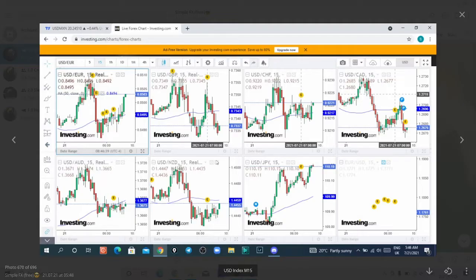For example, here I was looking at the index of the US dollar. Obviously, this is not normal because you'll never see something like US dollar on the left-hand side and then euro on the right-hand side. In the real market, you'll never see something like this.